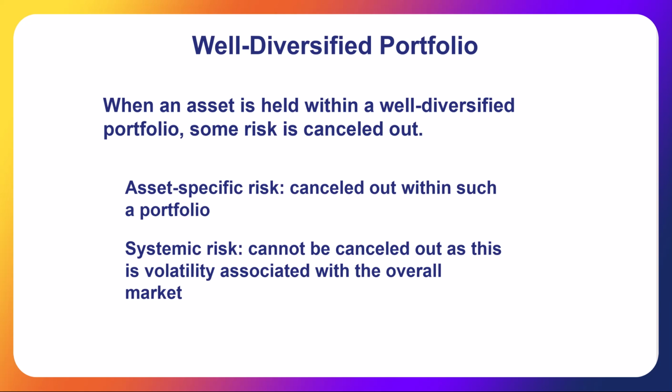So diversification is crucial because it minimizes asset-specific risk, though it can't eliminate systematic market risk. Remember, the law of large numbers means as we have more and more assets, the outcomes of those assets average together, and we get closer and closer to a population average for an investment portfolio.